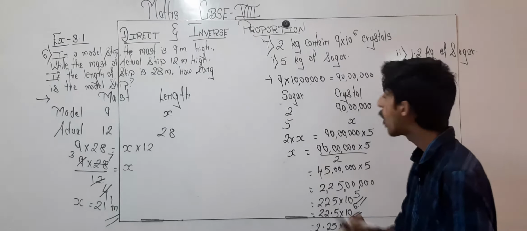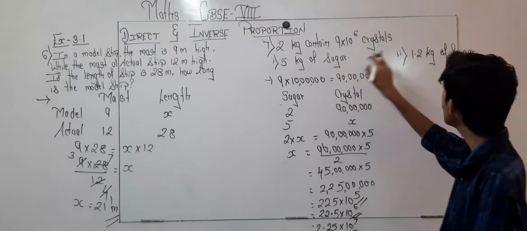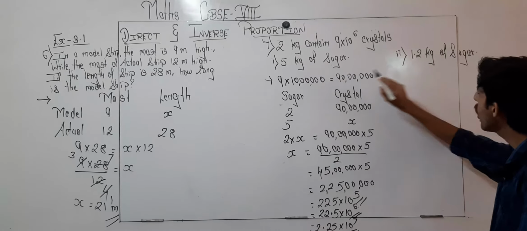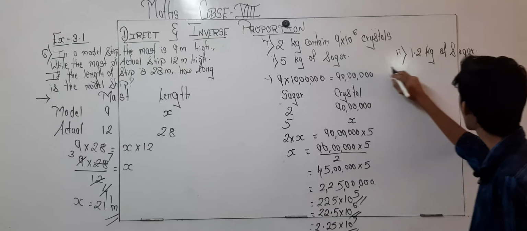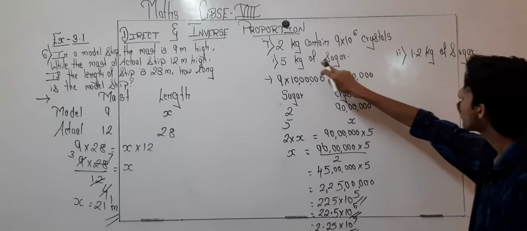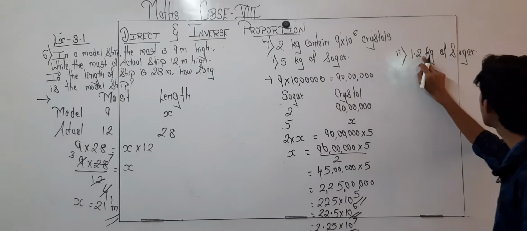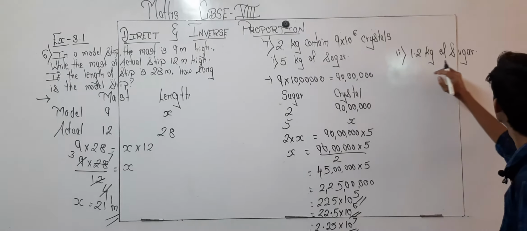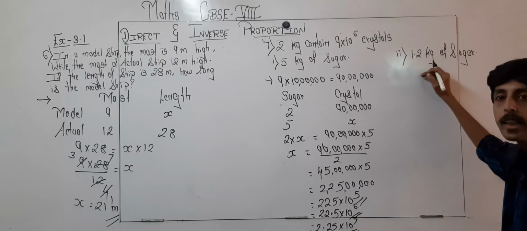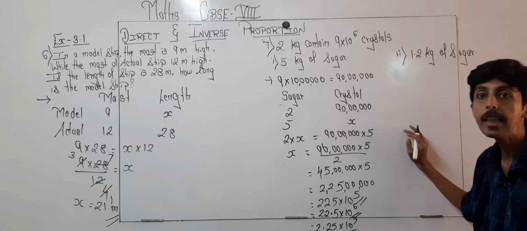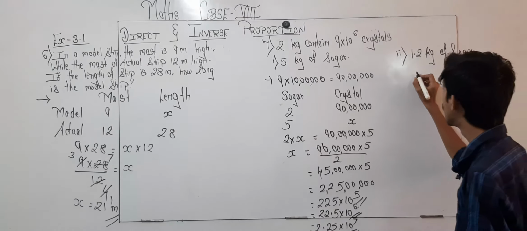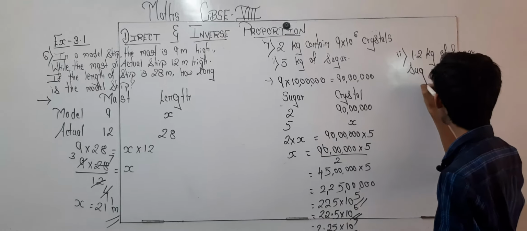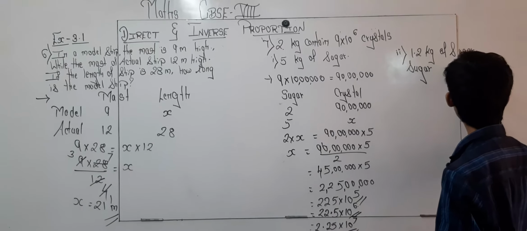Okay, now moving on to our question number 7, option 2. For 2 kg we are getting 90 lakhs. So for 1.2 kg, from 2 kg to 1.2 kg, the sugar kg has gone decreasing, so crystals will also be decreasing. So how is it? Over here sugar and over here crystals.